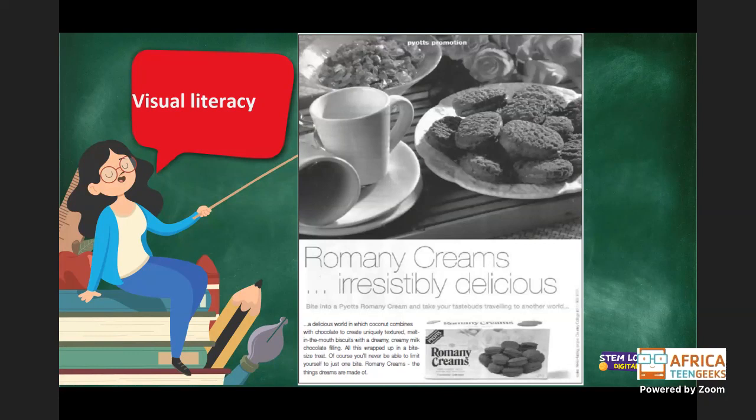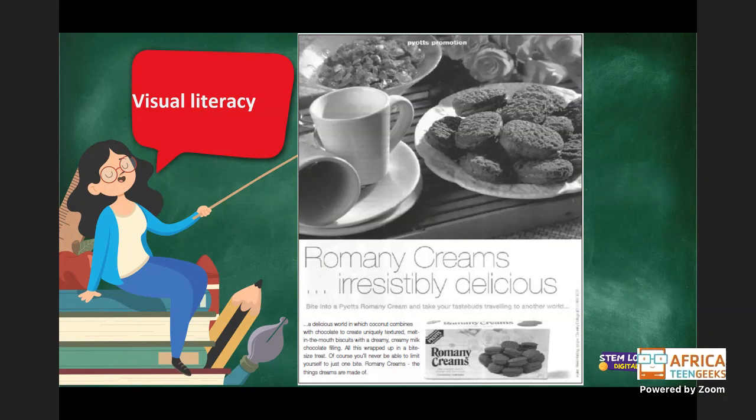So visual literacy is the ability to make meaning of information presented in the form of an image, as you can see there. So if you are visually literate, you understand what the drawing in a cartoon or the drawings or photographs in an advertisement are communicating to you, okay?